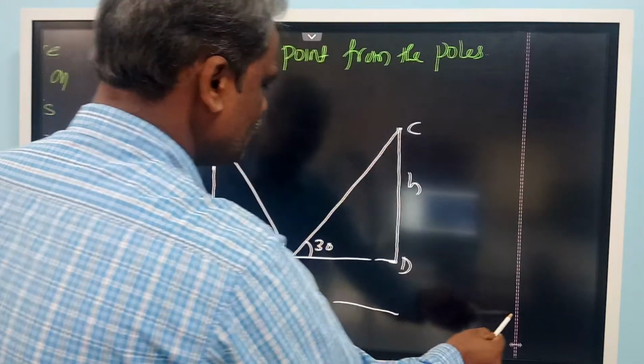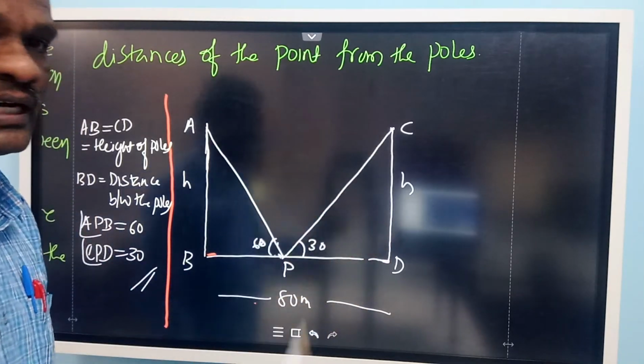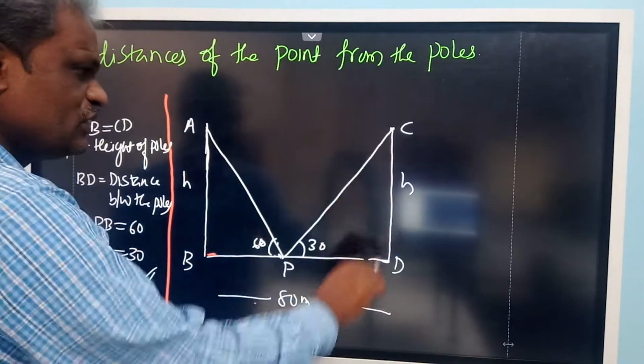As I said, in these two triangles we don't have any common side, but equal sides are there. These two are equal.